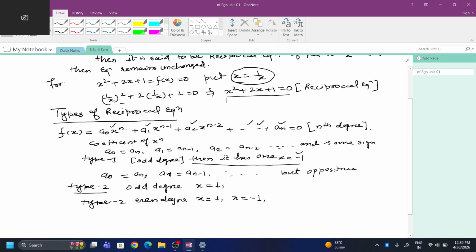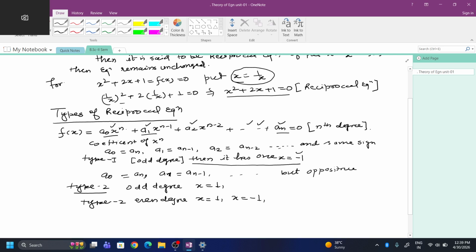There are two types. In type 1, the coefficient of x^n and the coefficient of the last term are exactly the same, and a1 and a(n-1) are exactly the same, and so on.